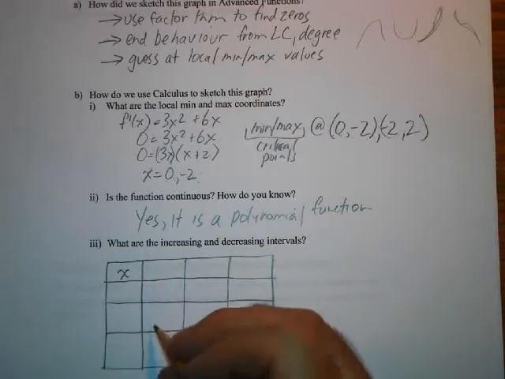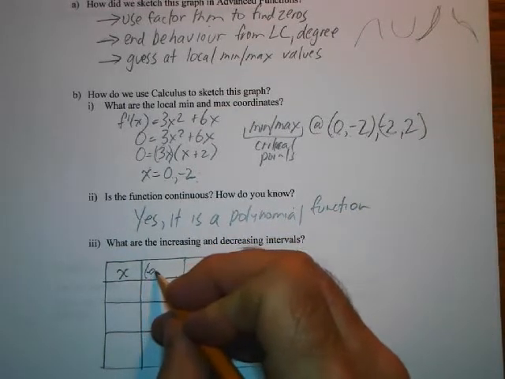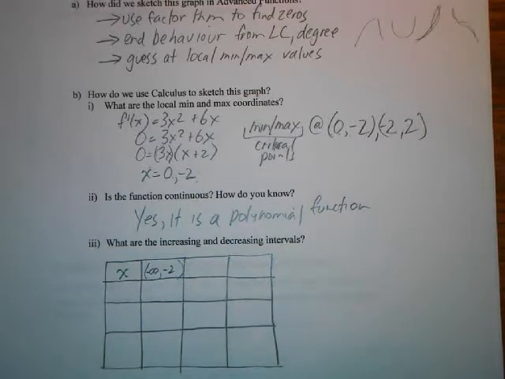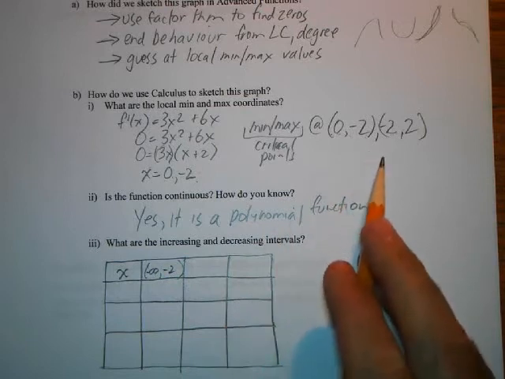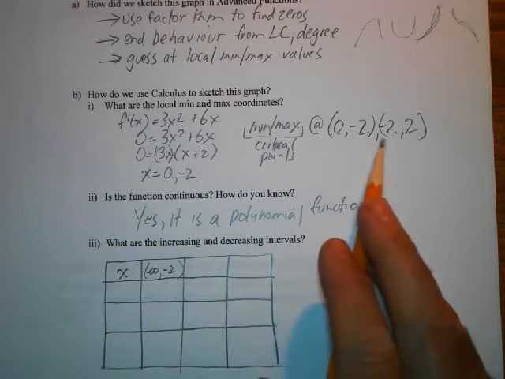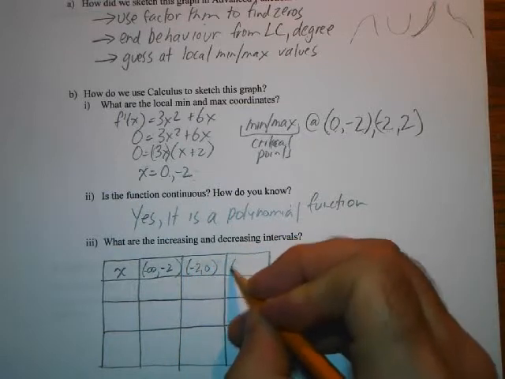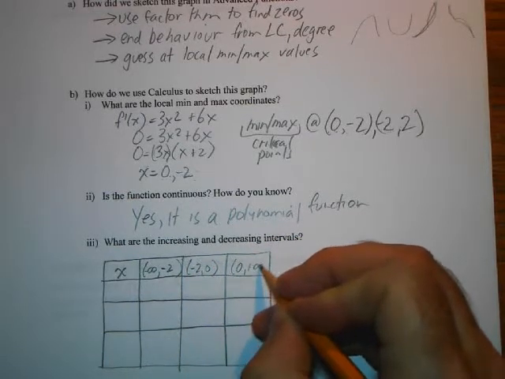So my first interval will be from negative infinity to negative 2. And then the next interval is between the 2 critical points, so between negative 2 and 0. And then finally from 0 to positive infinity.